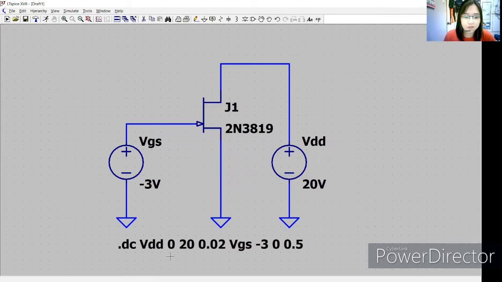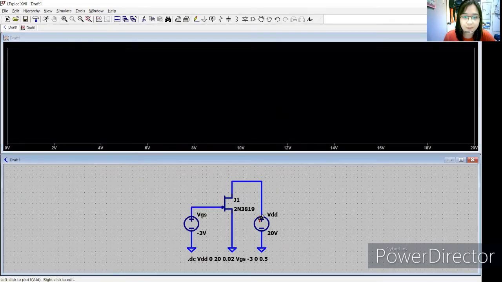So the drain voltage was swept from 0 to 20 volts for values of gate source voltage from negative 3 V to 0 V in 0.5 volt steps. So we will run the circuit and get the current for VDD.